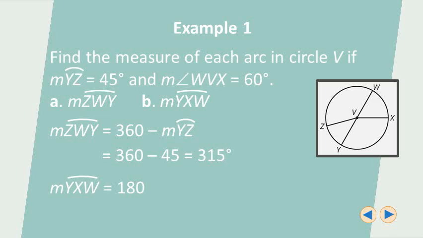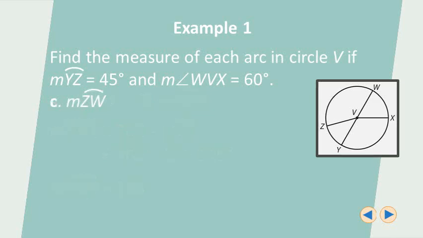All right, how about the measure of arc ZW? So we've already determined what WX is, WY is, YZ is. ZW is going to be a minor arc, and because of the arc addition postulate, you can simply subtract the value of those other arcs.